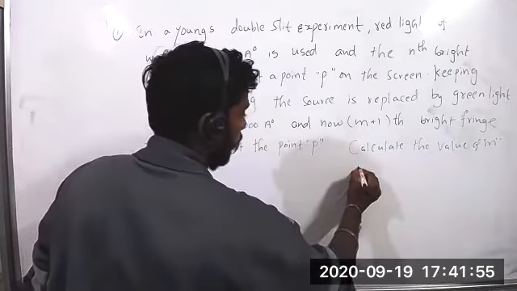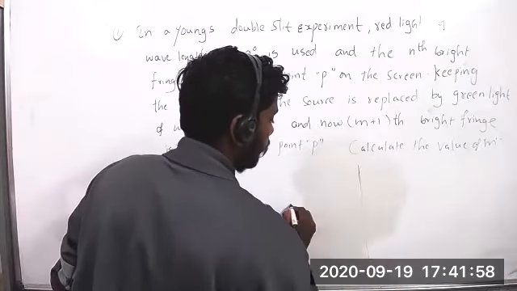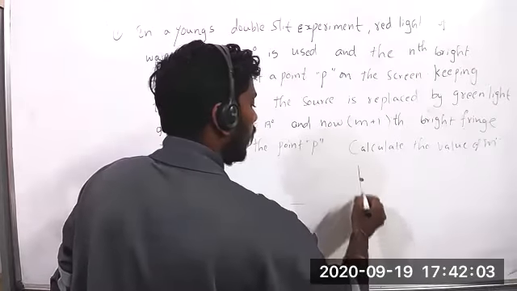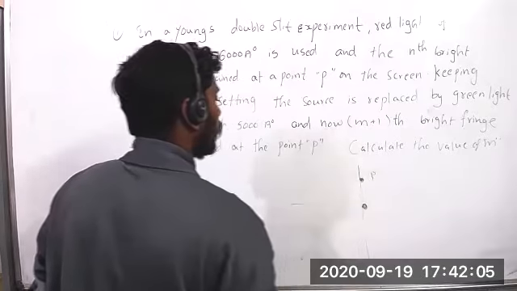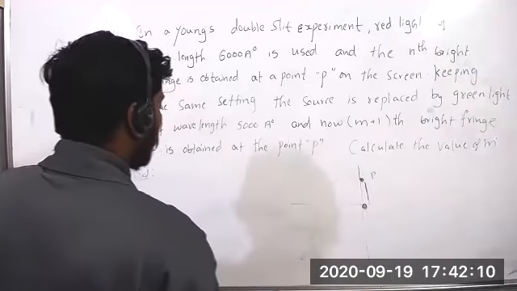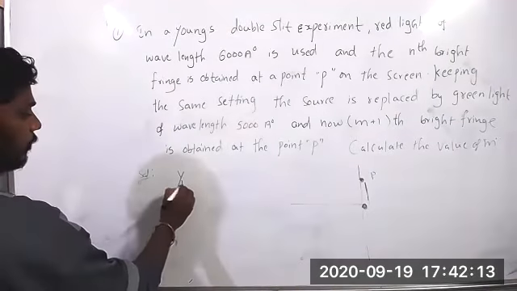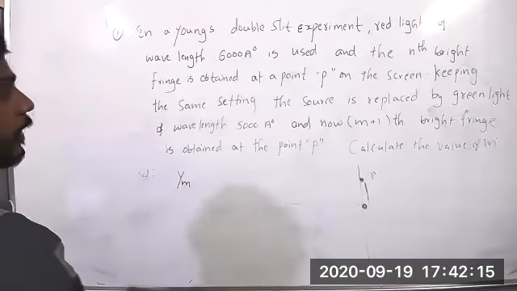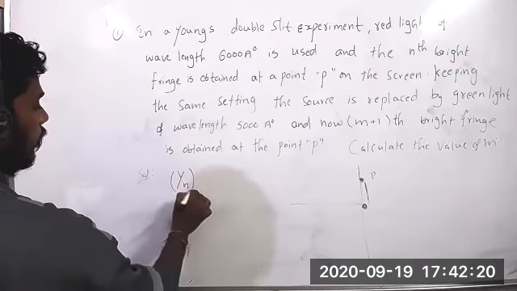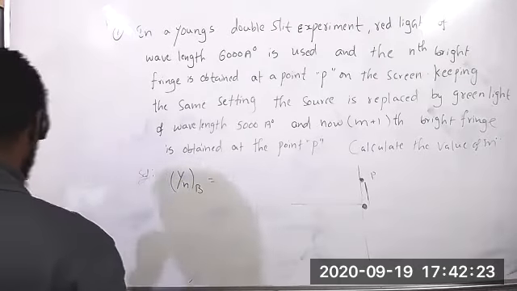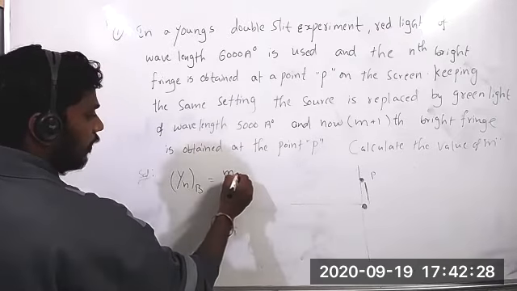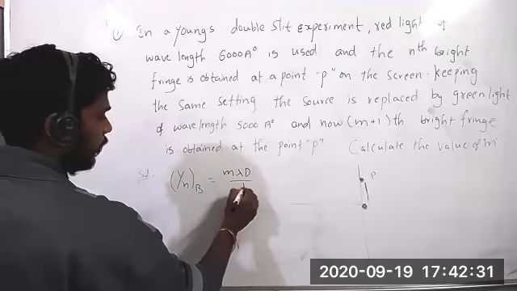See once. If it is the central bright fringe, here m at point P is the bright fringe from the central one. Here there is some distance. So how to calculate the distance? Y m, the nth bright fringe, that we know is n lambda D by d.